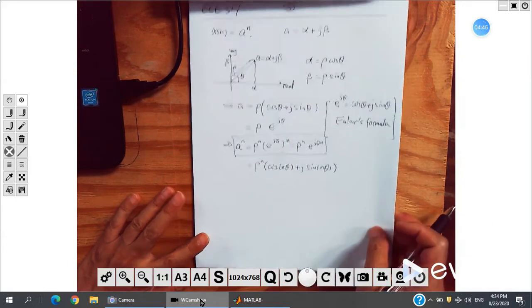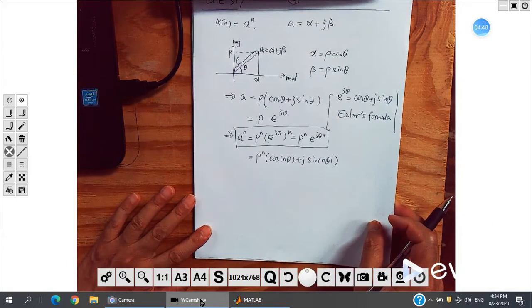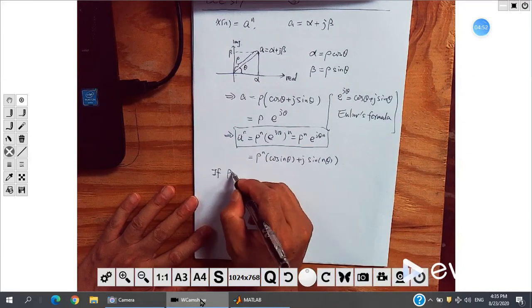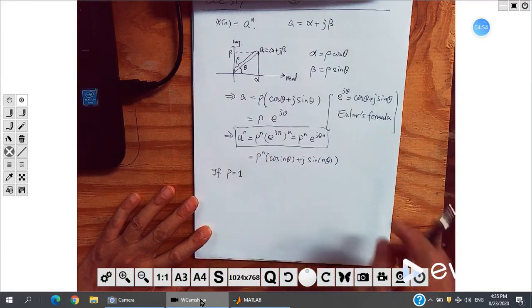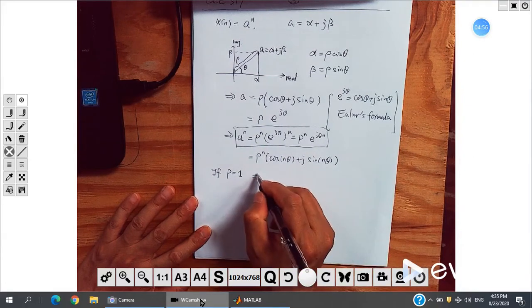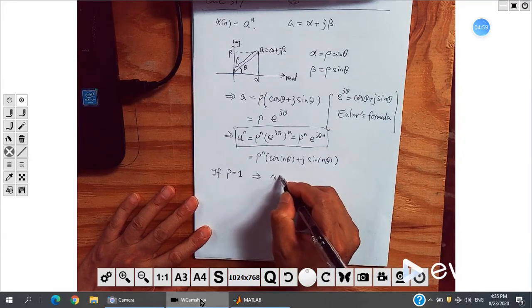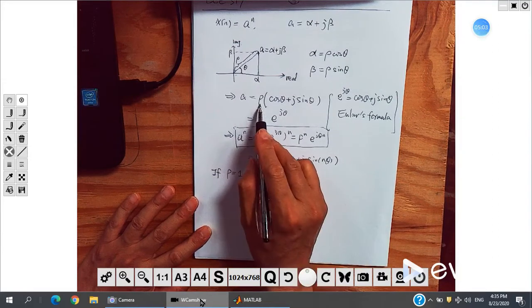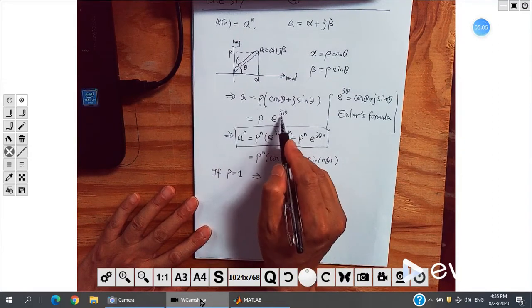If rho is 1, then x of n is just, because rho is 1, right? So a is just e to the j theta.